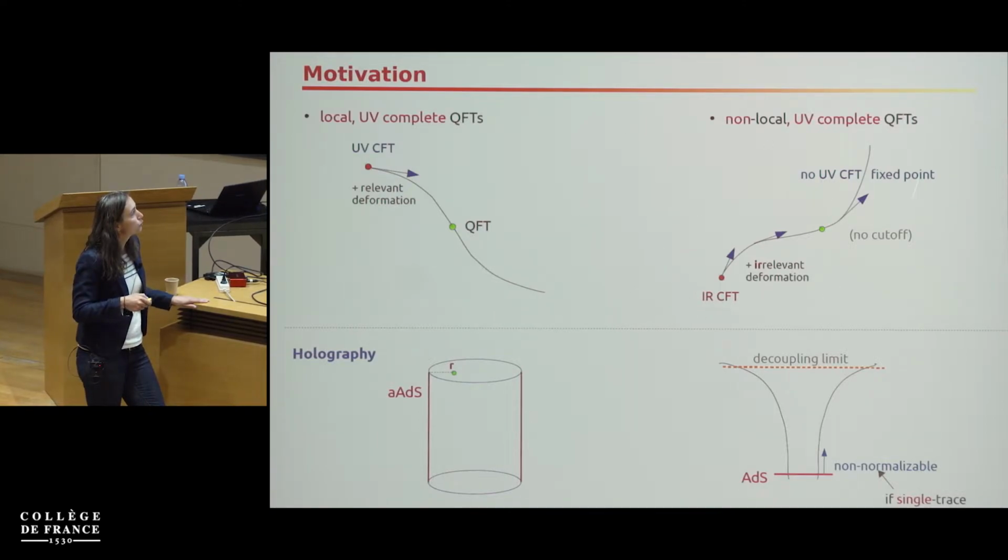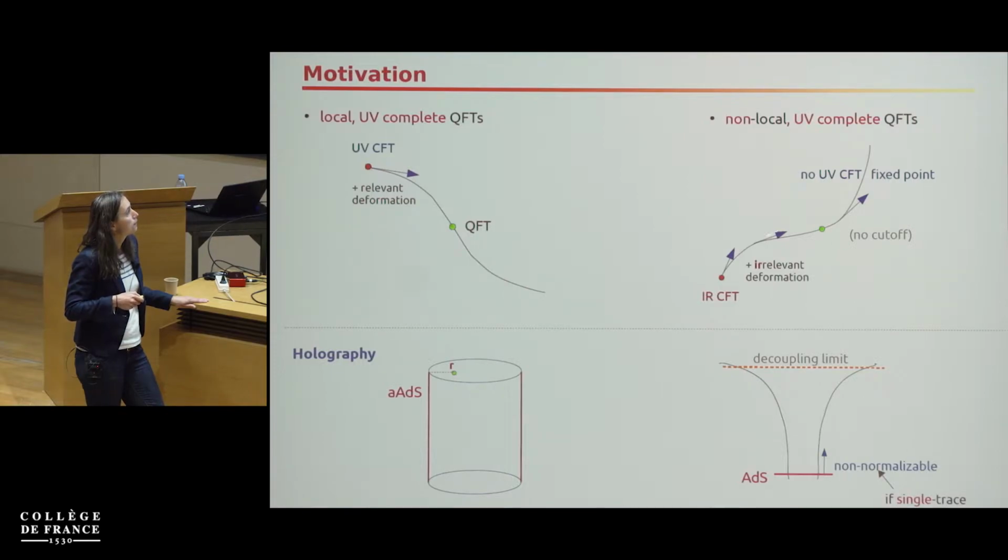Over here, if I try to translate this picture into holographic terms, well, the IR CFT translates to some anti-de Sitter spacetime, and then the irrelevant deformation, if it is single trace, that's a technical term, corresponds to some non-normalizable deformation of this AdS. So the spacetime becomes non-AdS over here.